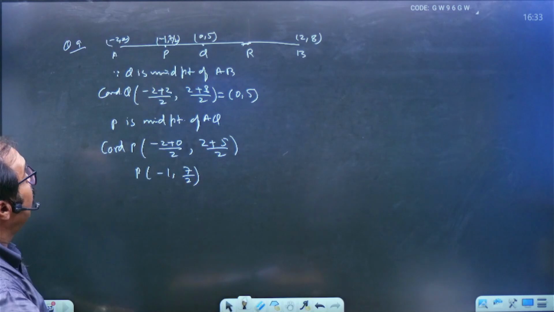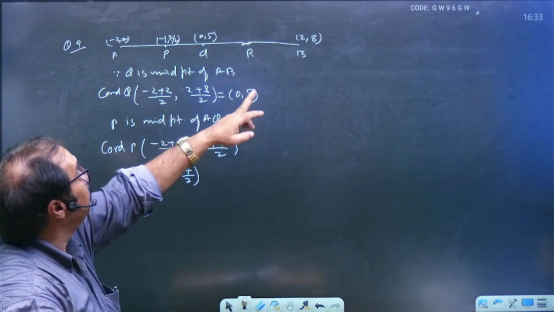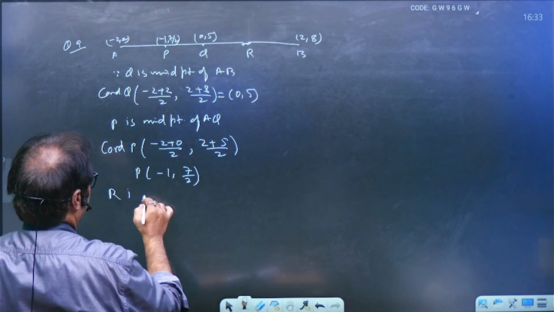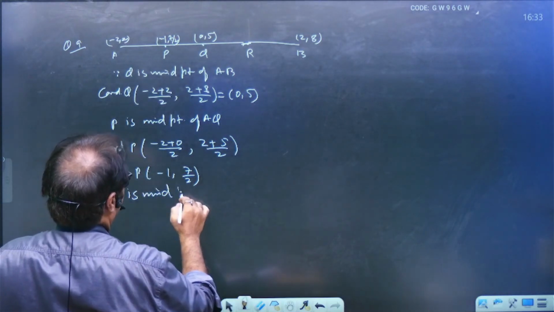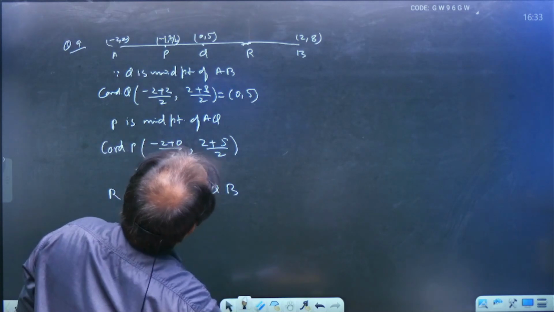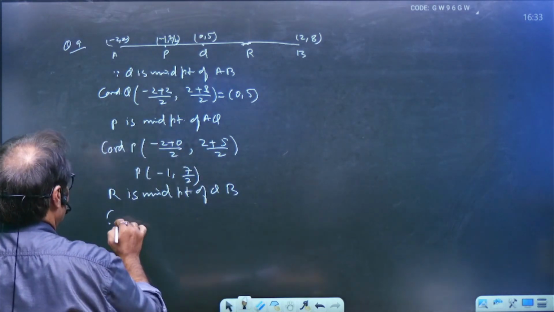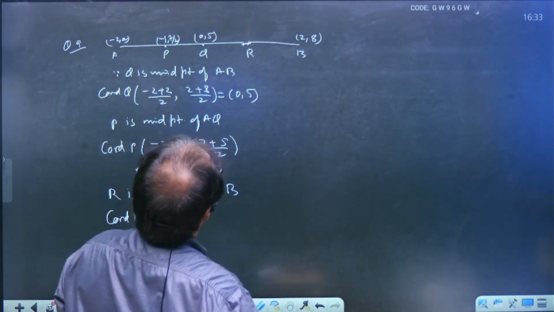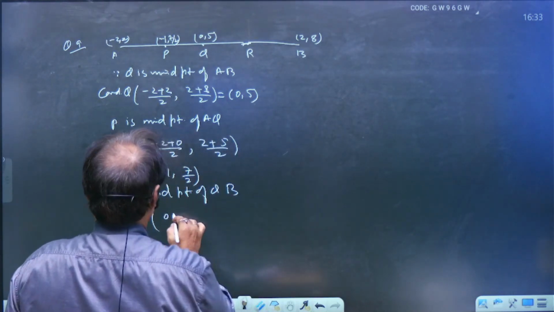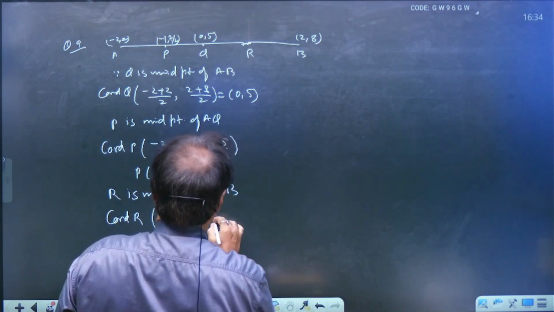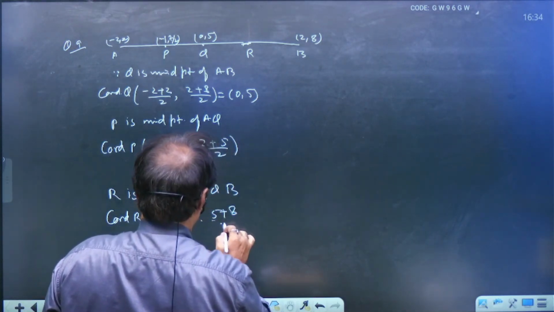Okay, and now similarly, R is the midpoint of QB. So the coordinate of R by applying the midpoint formula: 0 plus 2 by 2 and 5 plus 8 by 2.